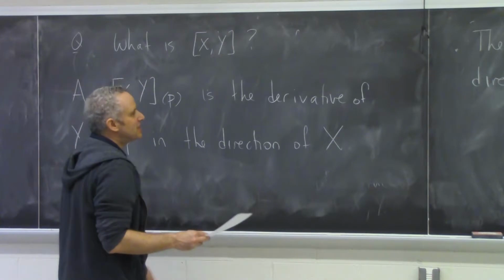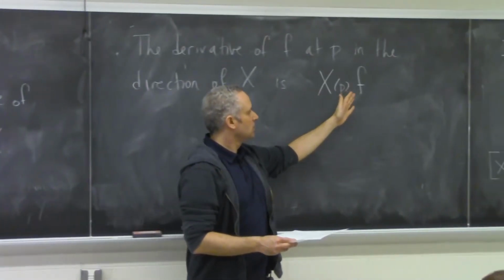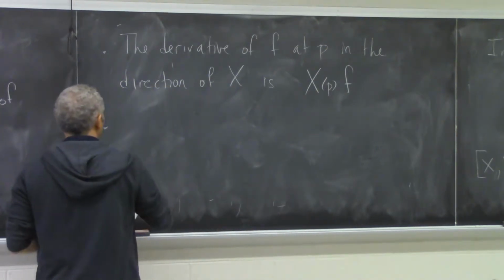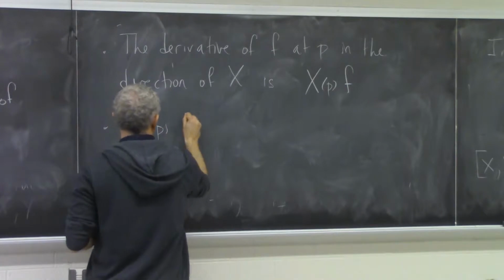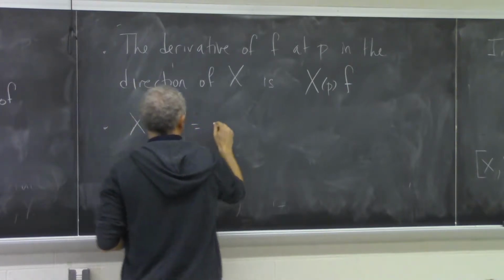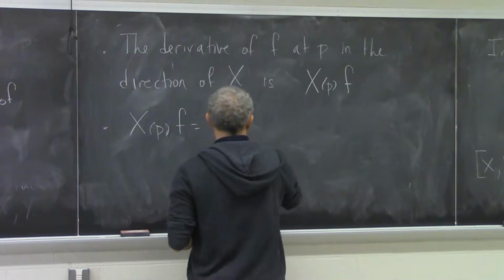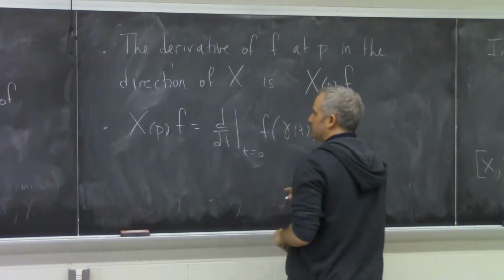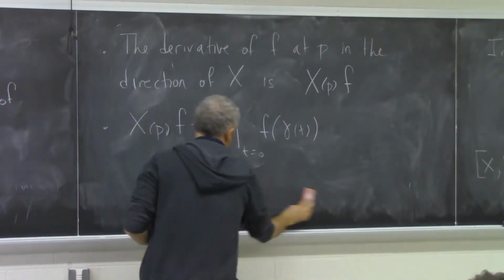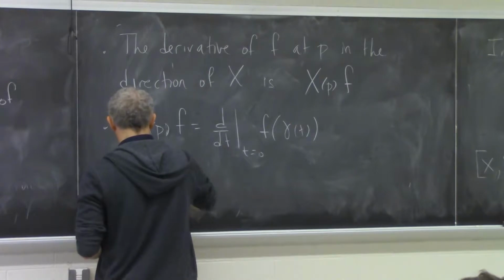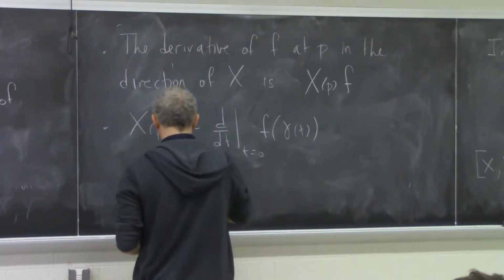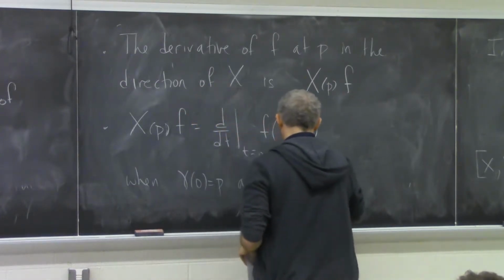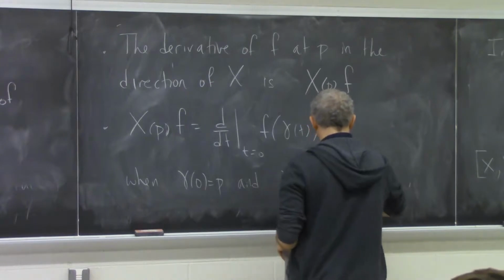All right, so we did have a way to compute this using calculus, okay? So we know that we can compute this as a derivative, so it's d/dt at t = 0 of f(γ(t)), where γ is a smooth curve, and its value at 0 is p, and its tangent vector at 0 is X(p).